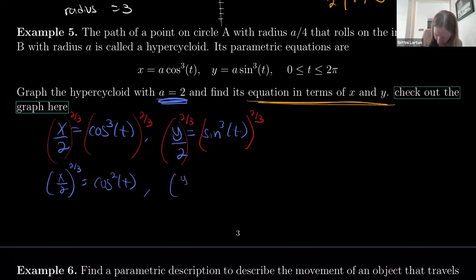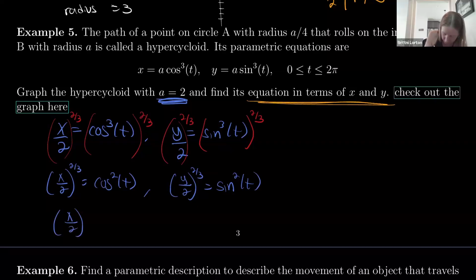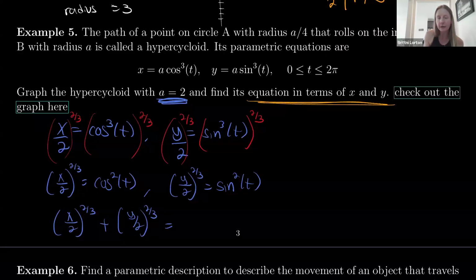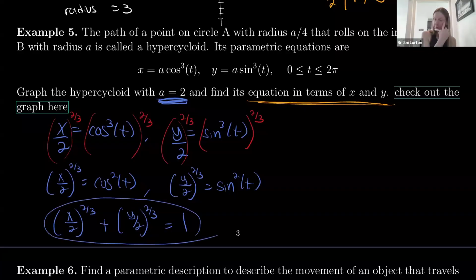I'm going to get y over 2 to the power of 2/3 equals sine cubed to the 2/3. The 3 cancels and I just get sine squared of t. So you can imagine what would happen if I add the two together. x over 2 to the power of 2/3 plus y over 2 to the power of 2/3 is equal to cosine squared plus sine squared, which is just 1. So that was me eliminating that parameter.